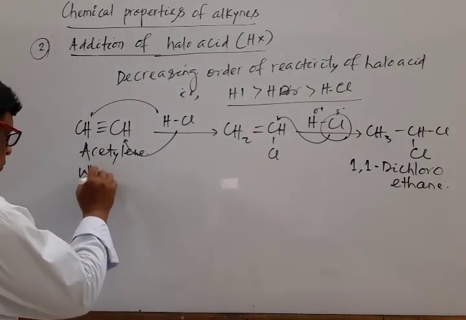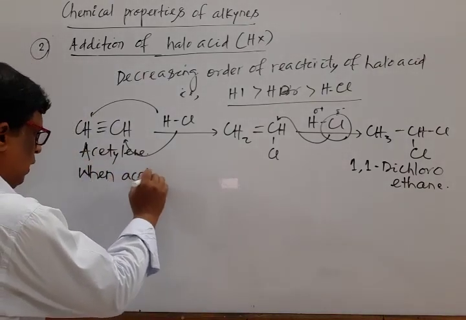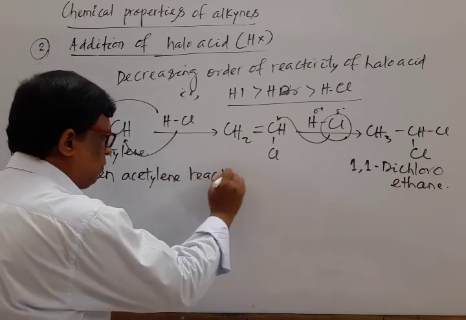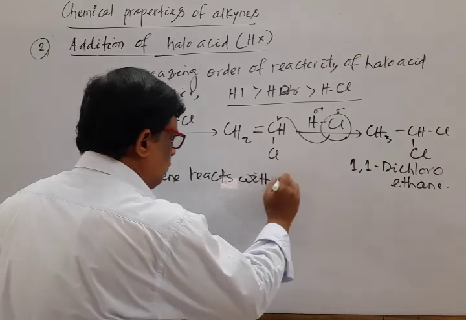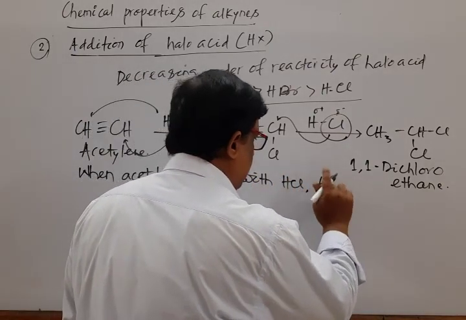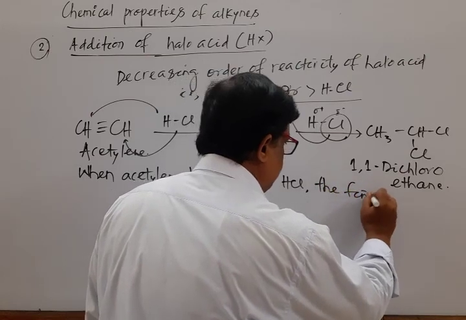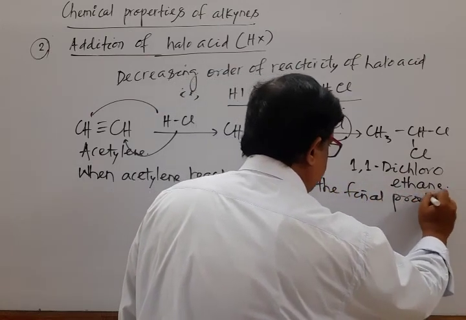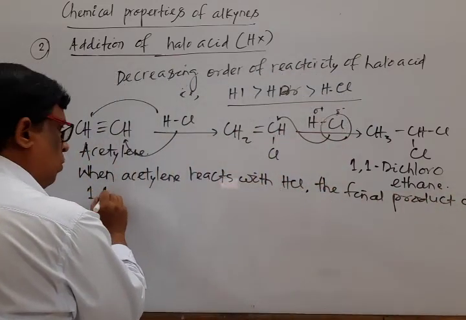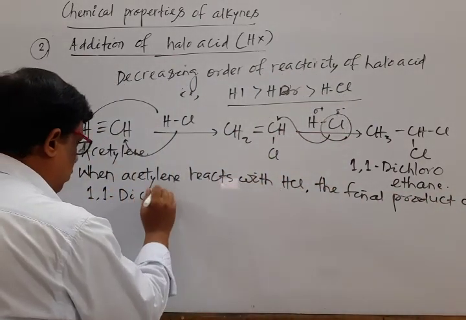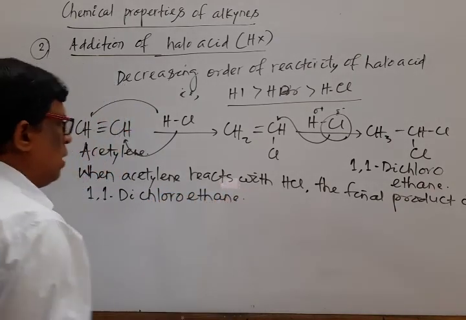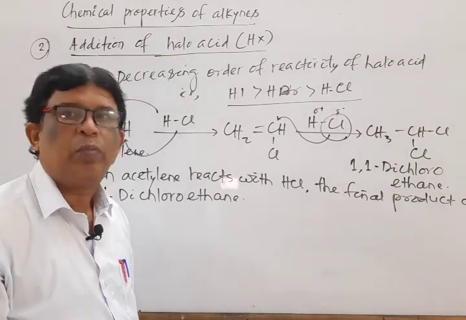When acetylene reacts with HCl, the final product is 1,1-dichloroethane.